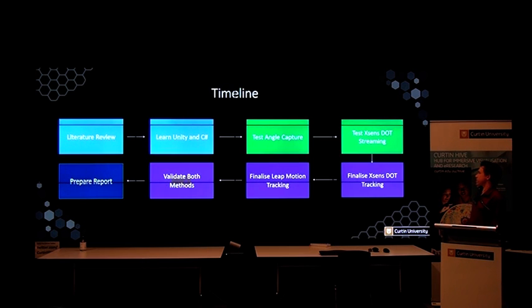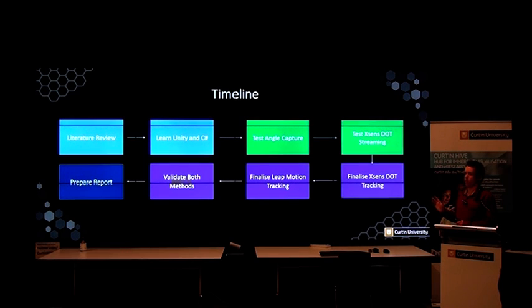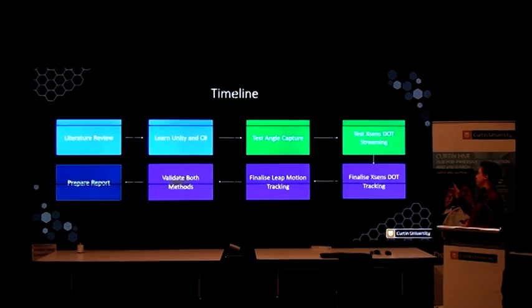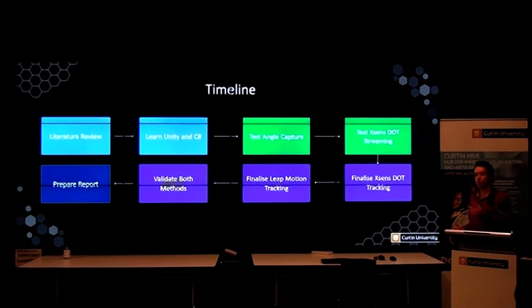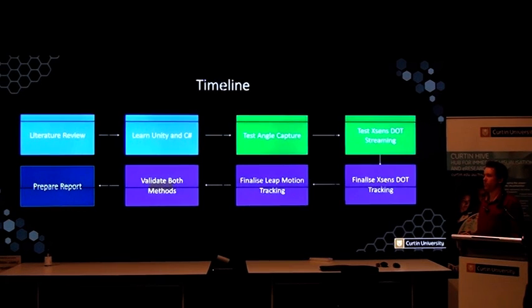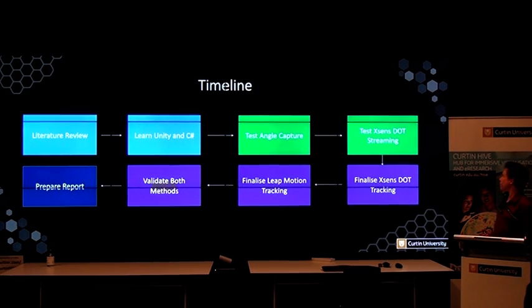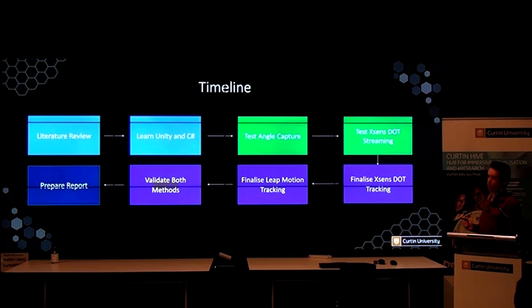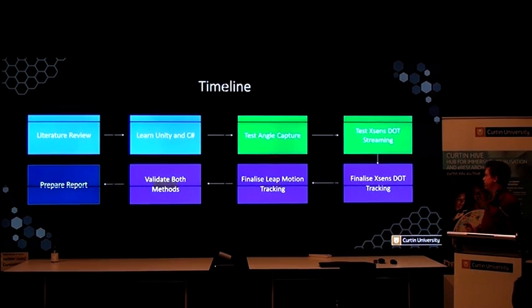And then from there, testing the capturing of the angle and the mathematical script that I wrote to get the joint angle for the LeapMotion, and then testing the UDP streaming of the Xsens App on the computer or in Unity, which unfortunately doesn't work in here because the routers don't like it. Works at home, so I can't really demonstrate the Xsens App, but I can demonstrate the LeapMotion to you today.